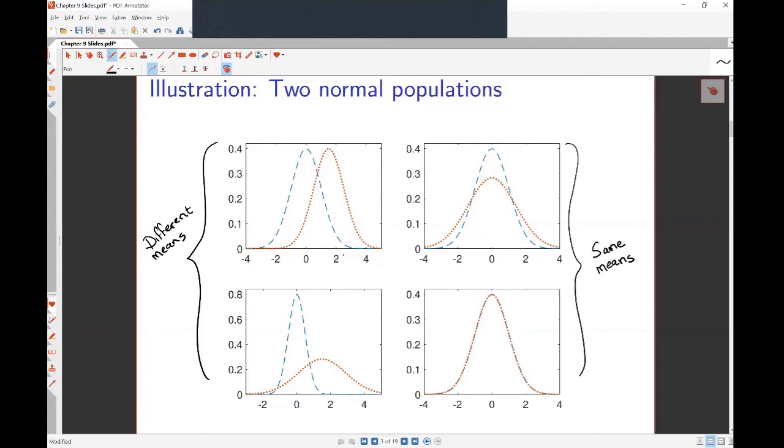So what we'll be focusing on in this chapter is developing tests which can distinguish situations as illustrated on the right from situations as illustrated on the left. So the variances of the underlying populations kind of take a back seat here. They'll still be part of how the calculation is performed, but we want to develop testing procedures for whether two normal populations have a common mean.